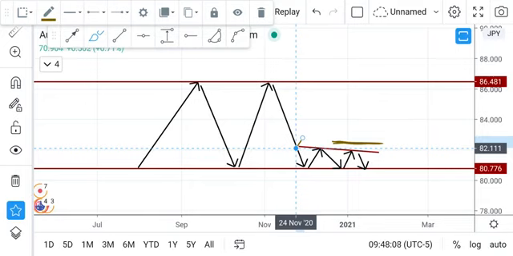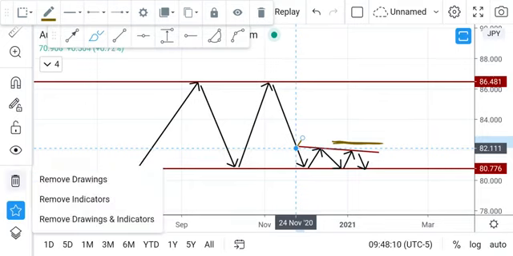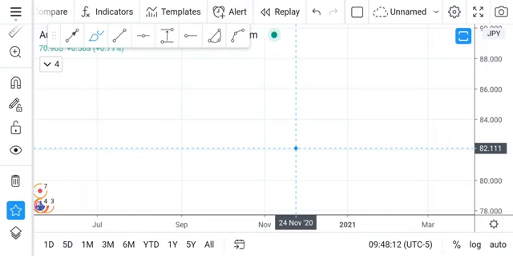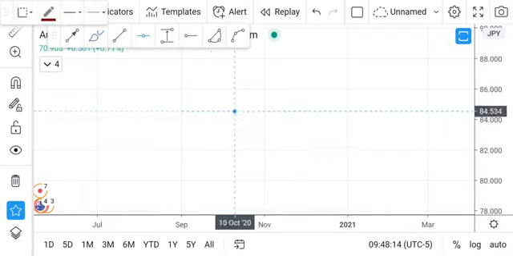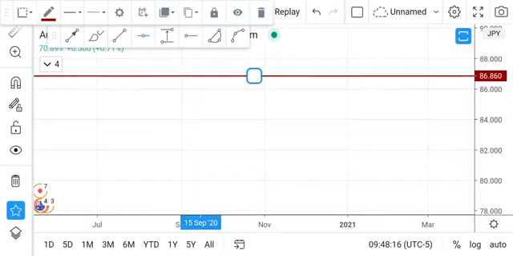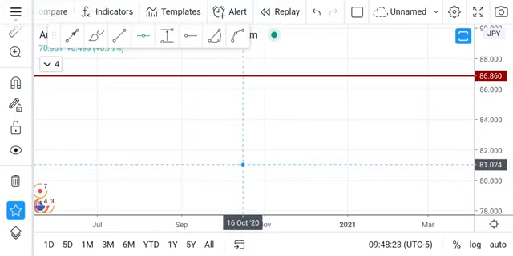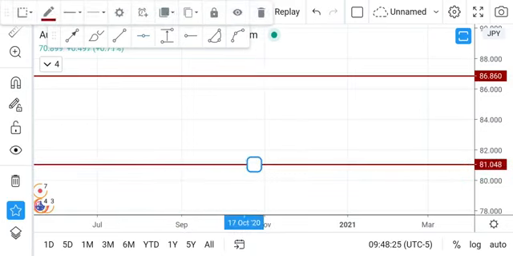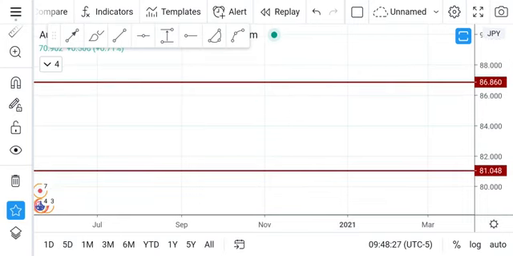So the next chart pattern I'm going to talk about is a double bottom, which is opposite of the double top chart pattern. So double bottom is a bullish reversal chart pattern. It means when you see it on your chart, it's telling you that the price is going to reverse towards the upside, especially in an uptrend.